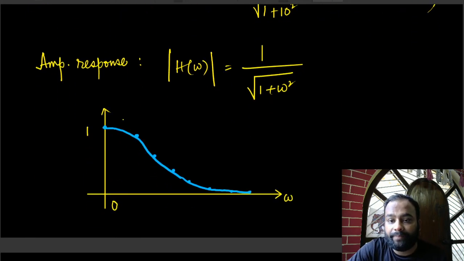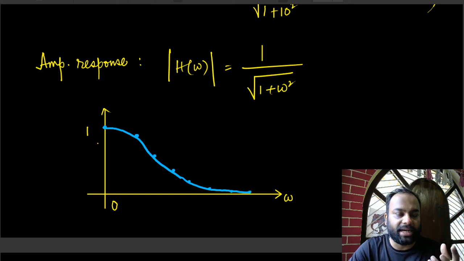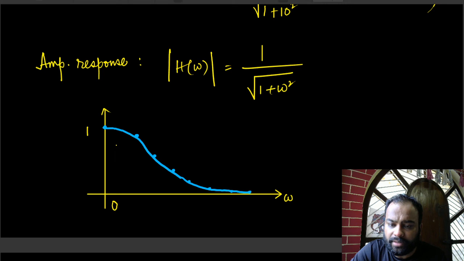When the frequency of the input signal is very small, there is hardly any reduction in amplitude, right? But as the frequency increases, say this is, for example, 1, the amplitude of the output signal also decreases.